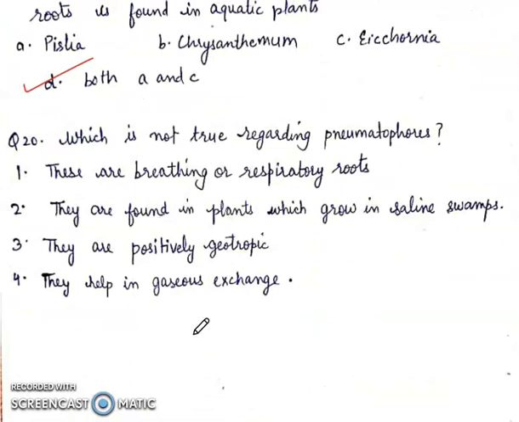Question 20. Which is not true regarding pneumatophores? First, these are breathing or respiratory roots. Second, they are found in plants which grow in saline swamps. Third, they are positively geotropic. Fourth, they help in gaseous exchange.